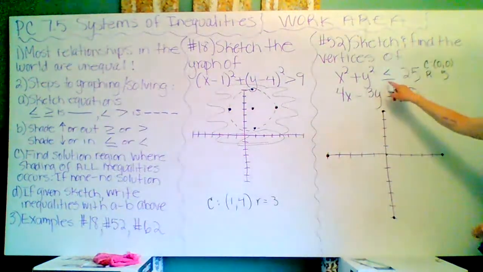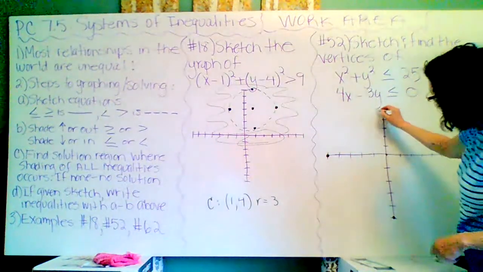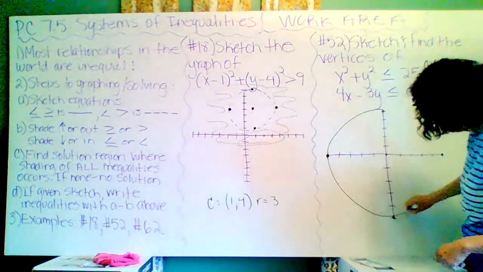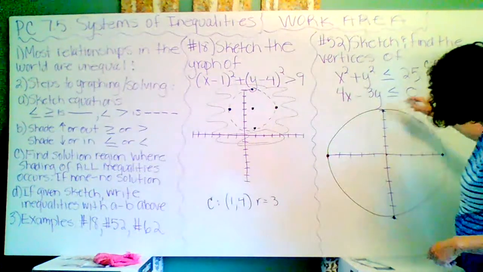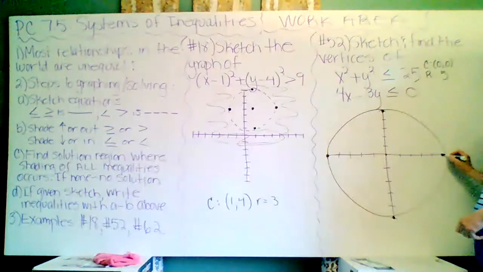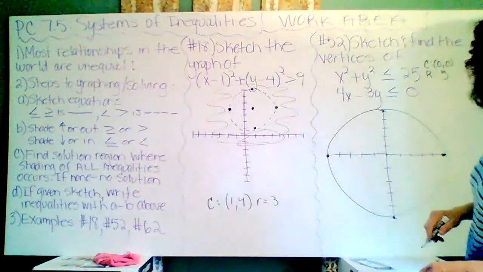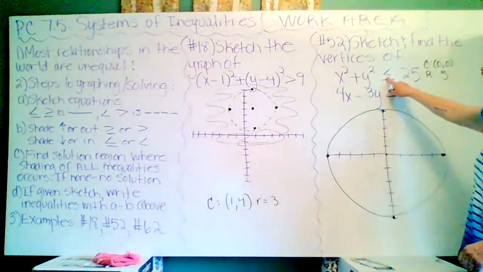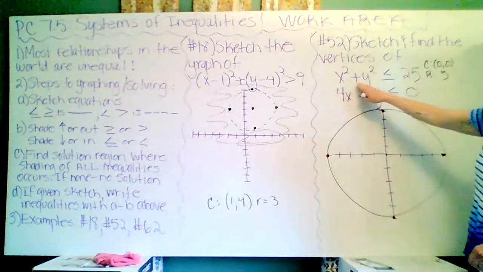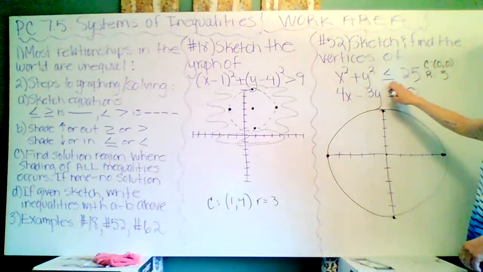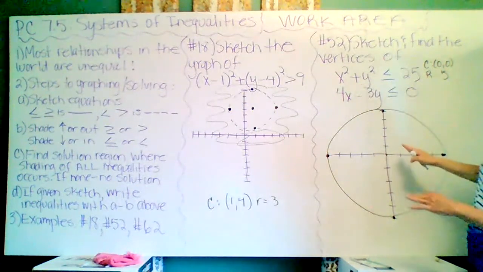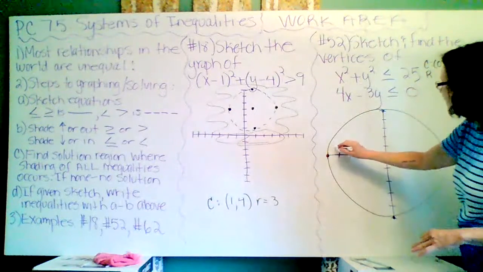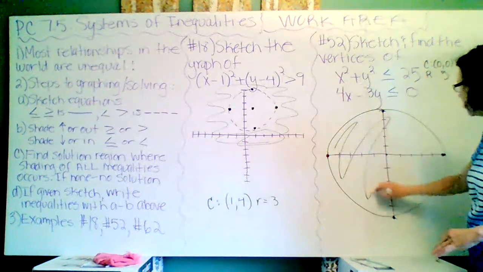Right? Notice because we have a solid line, I'm going to make my circle solid, meaning that the points on the circle do make the inequality true. And because it's less than, I'm looking for all the XY points that would be less than a radius of 5. So that would be on the inside, all these points here.